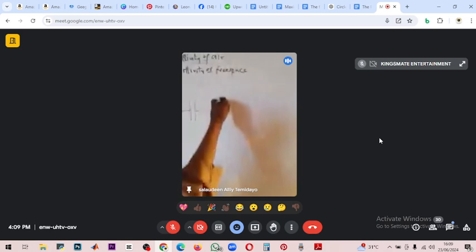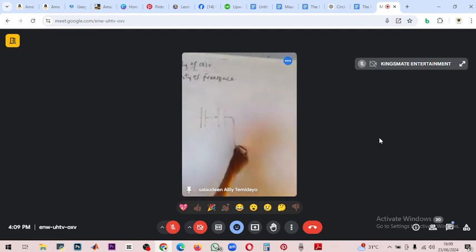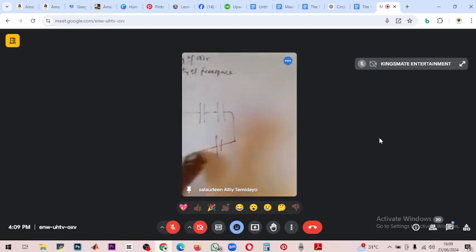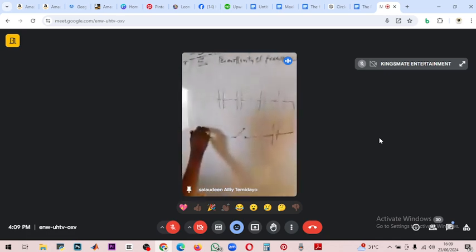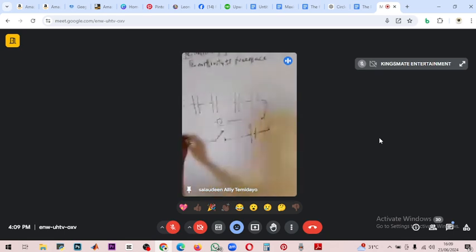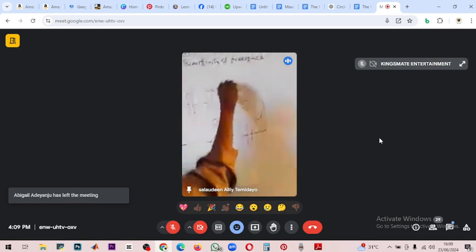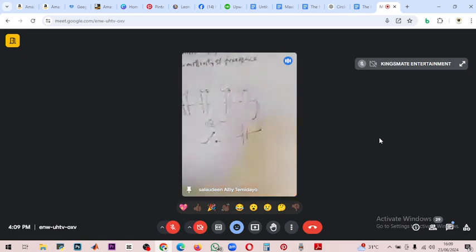So these capacitors are arranged in series like this. Let's say this is the battery, this is the resistor, this is the key, and this is the voltmeter. They are arranged in series all together. This can be C1, C2, C3, and C4.